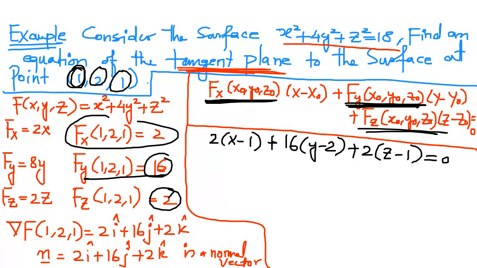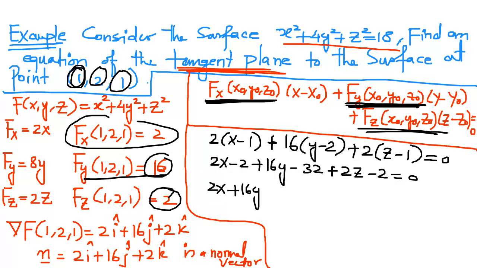So simplify it, you will get 2x minus 2 plus 16y minus 32 plus 2z minus 2, which is equal to 0. 2x plus 16y plus 2z minus 2 minus 32 minus 2, that will be minus 36 is equal to 0.